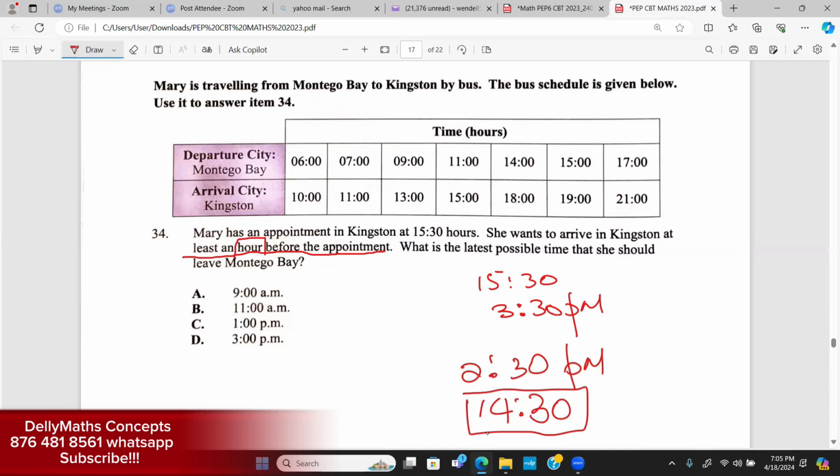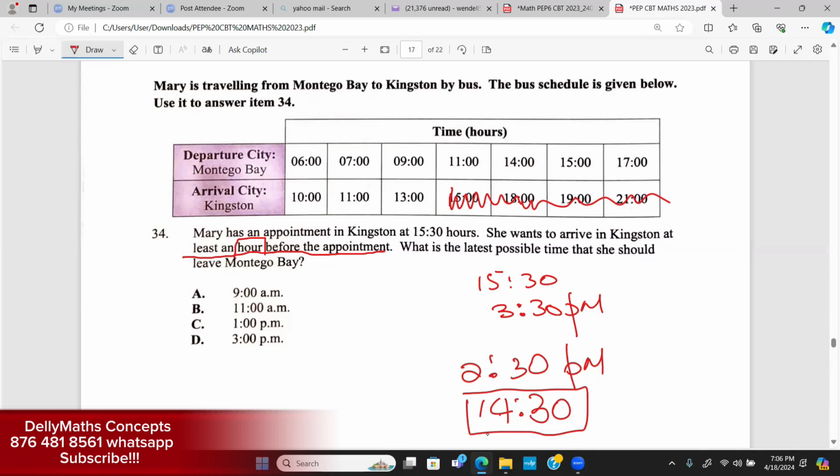In other words, she can reach anytime before this. If she reaches after this, she's late. So you want to look for any time before. All of these times from here cannot work, because you want to make sure that the person arrives before.